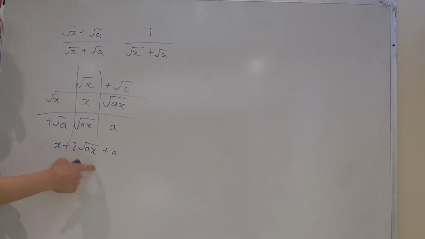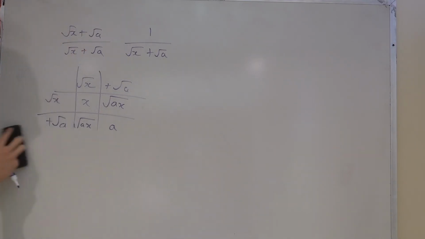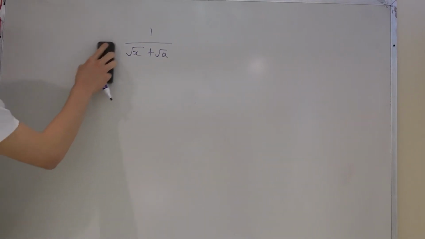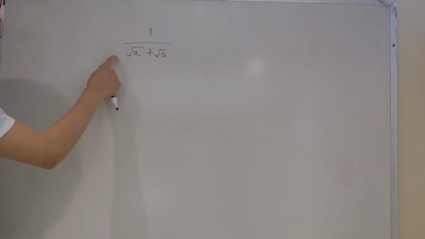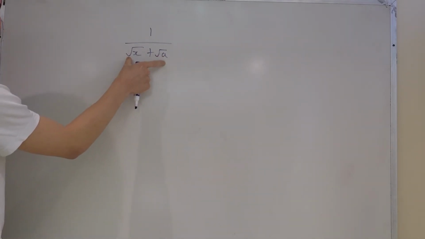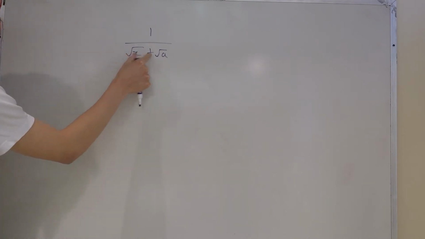We don't want this. So we're going to have to change our approach this time and use something a little more clever. I want you to think about what clever thing we might multiply root x plus root a by in order to get rid of the root here and the root here.